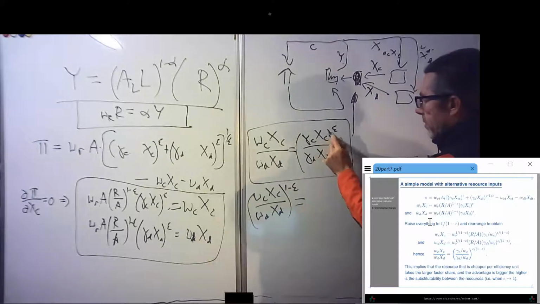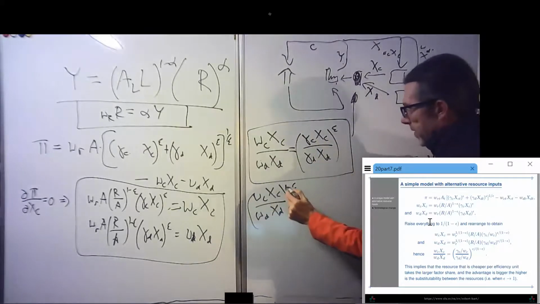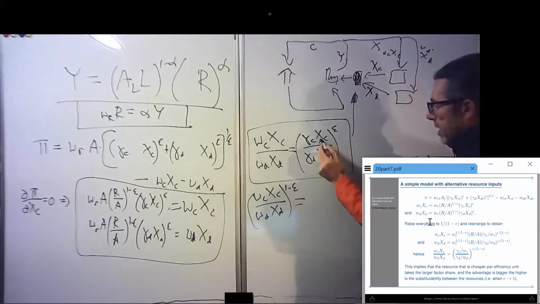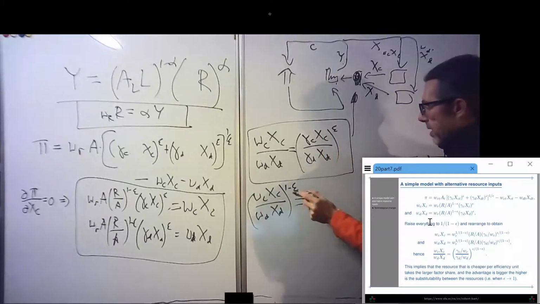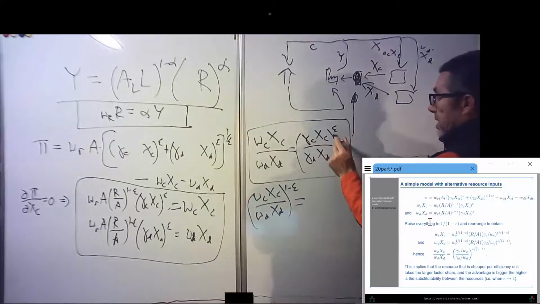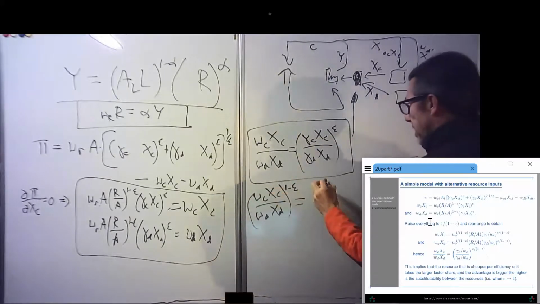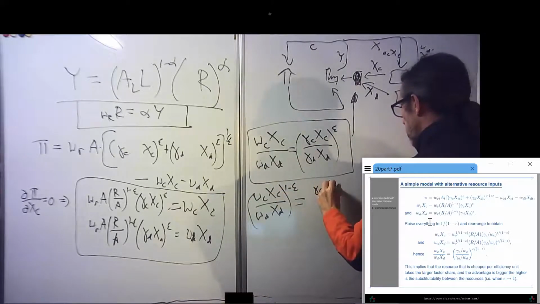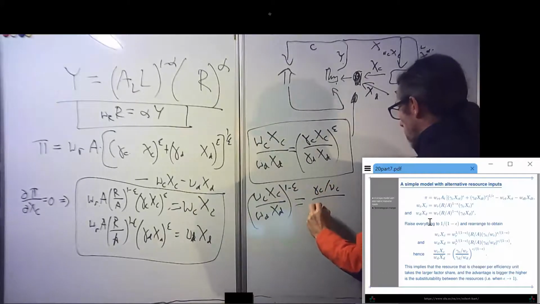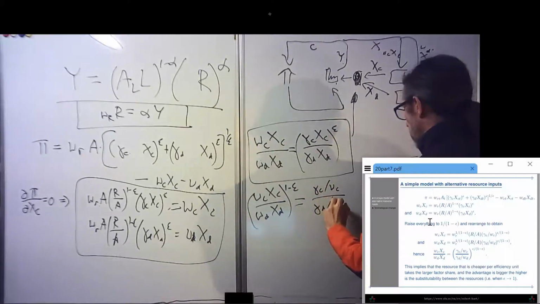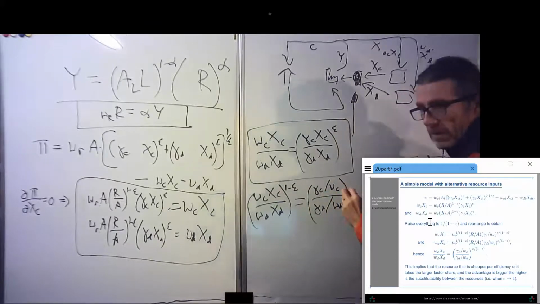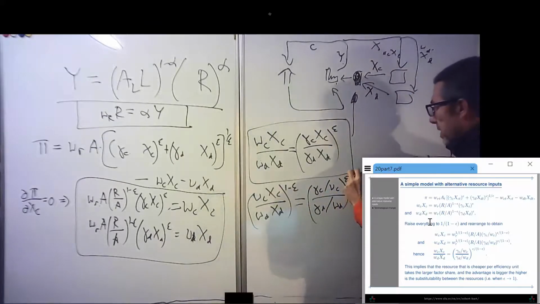And then multiplying through by this to the minus epsilon, these disappear and we get divided by WC. So we end up with gamma C over WC over gamma D over WD, to the epsilon.